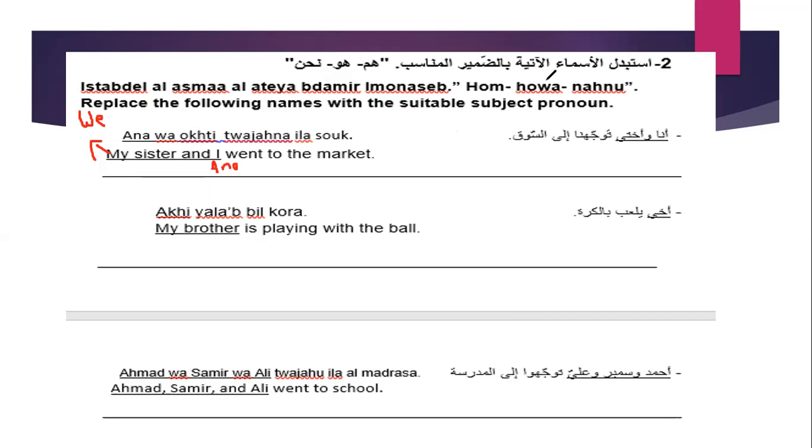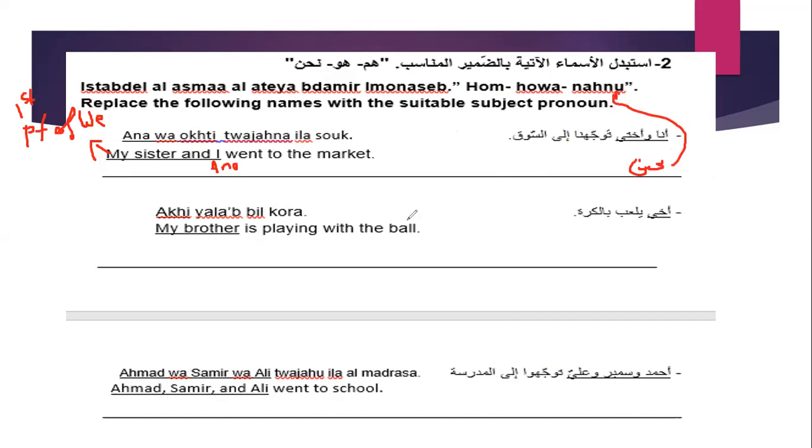What does we become? Nahnu. So we is from the first point of view, pronouns which contain I and we. The first point of view pronoun, I is ana if it's only by itself. My sister and I, it's we, which is nahnu. So here we have to choose nahnu from the first point of view.